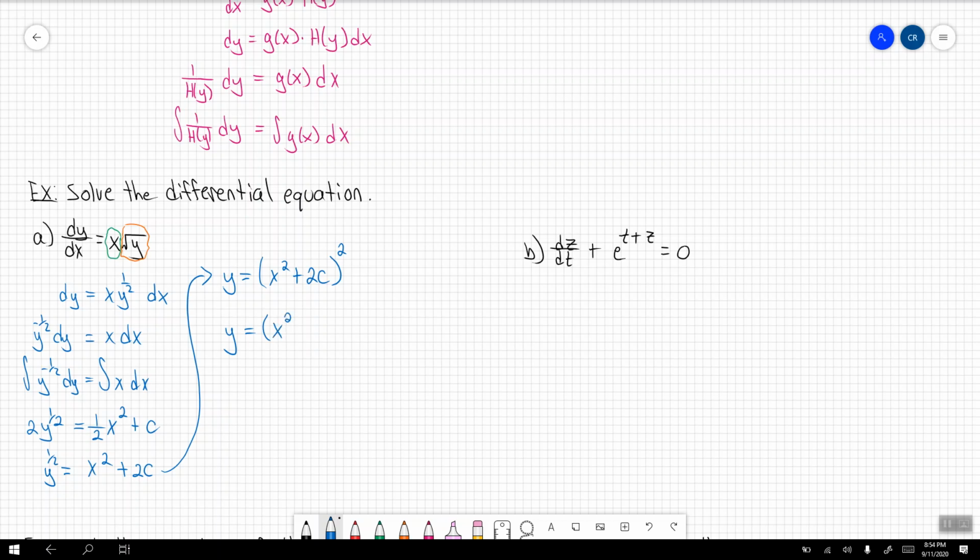So we have x squared plus, in this case, let's pick a different variable other than x or c. Let's go with k, where k is equal to 2c. Alright, not too bad.